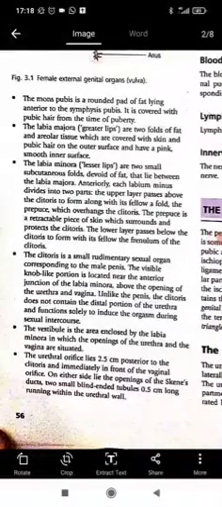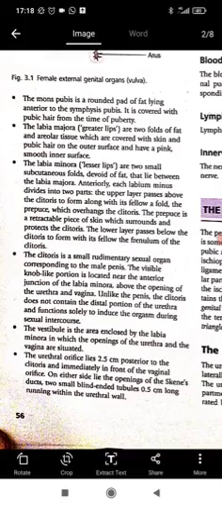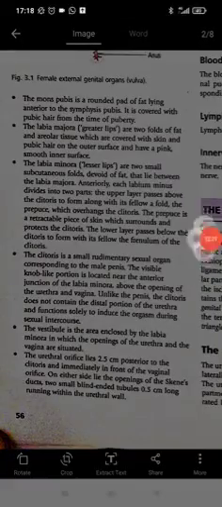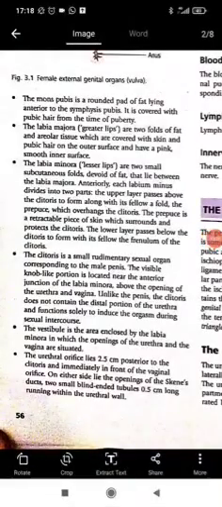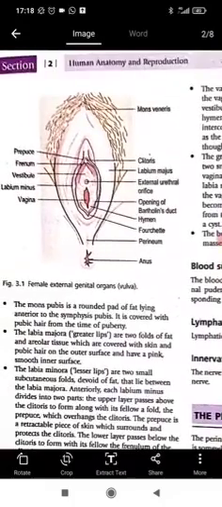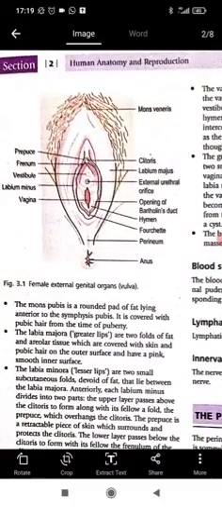Then we have the urethral orifice. This lies 2.5 centimeters posterior to the clitoris, or below the clitoris. On either side of this urethral orifice is the accessory gland I was telling you about. This is known as the Skene's gland or Skene's ducts. You can see them here on either side of the urethral opening.